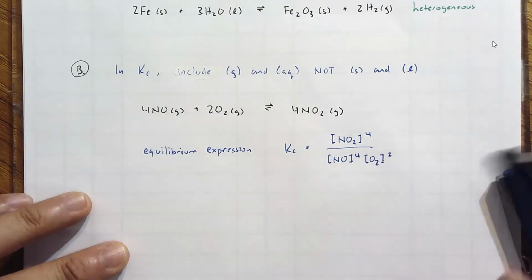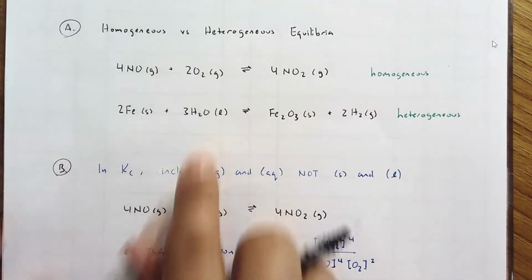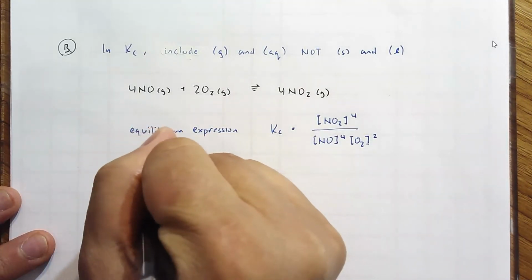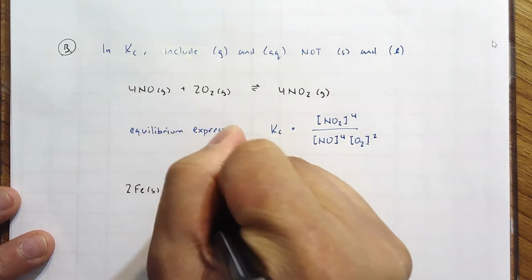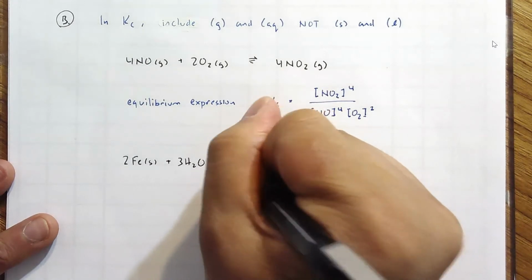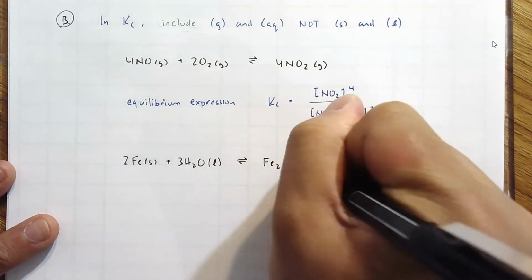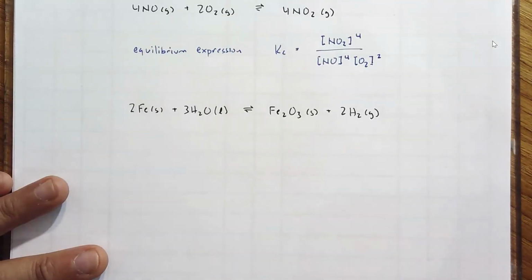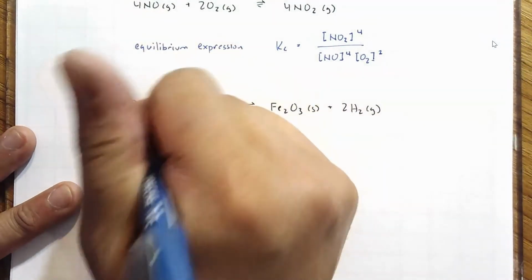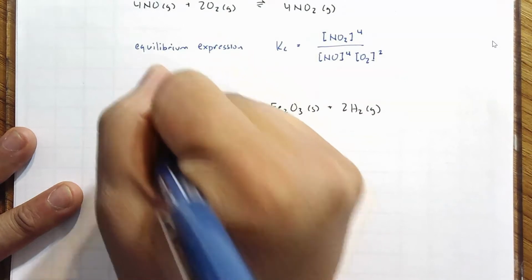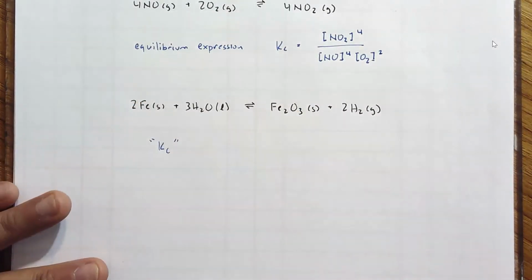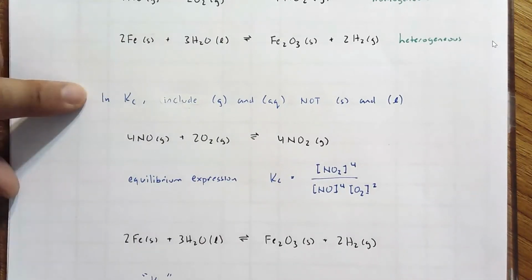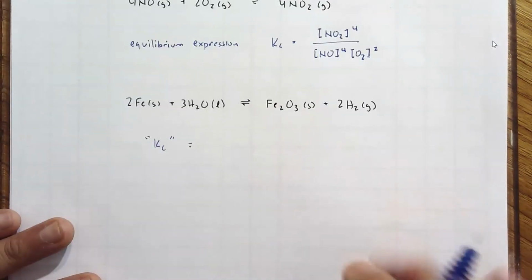What about for this reaction here, which is heterogeneous? Let me rewrite this one. 2Fe solid plus 3H2O liquid goes to Fe2O3 solid plus 2H2 gas. Let us give a theoretical equilibrium expression where we have products over reactants. So I know that we're going to violate this rule, but I'm going to show you why we have to get rid of the solid and the liquid.